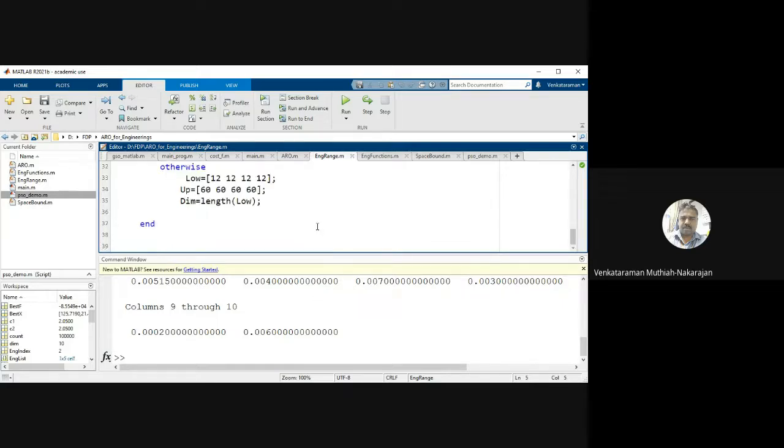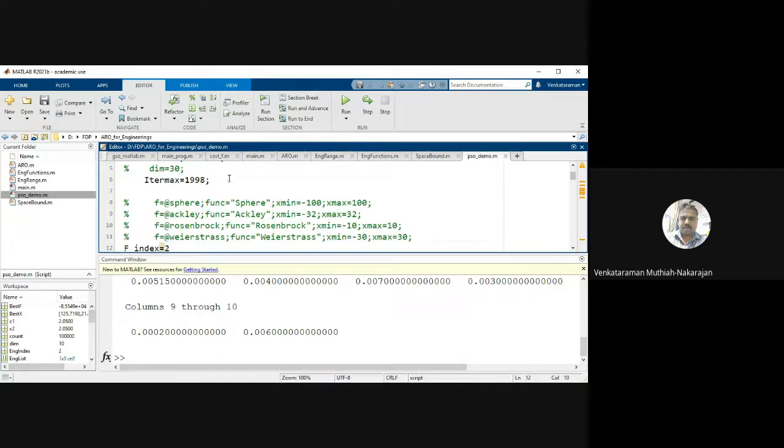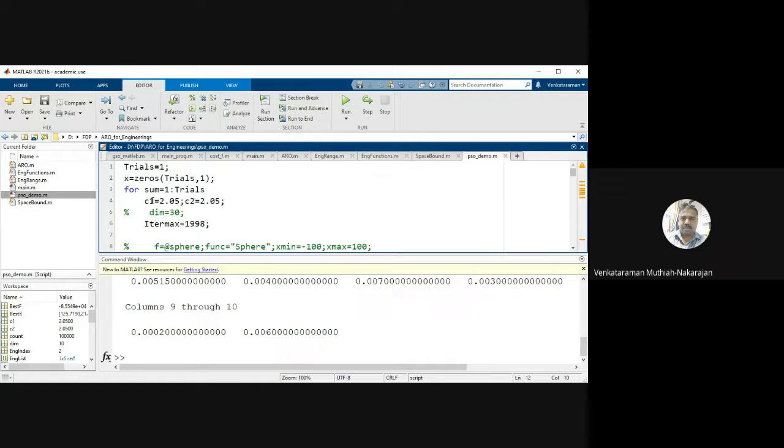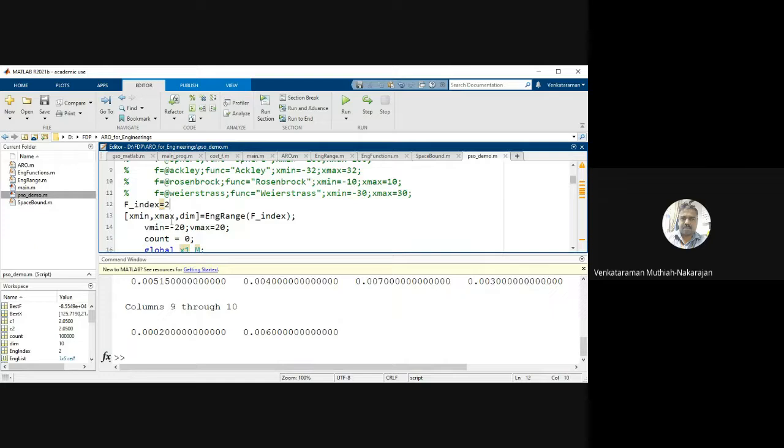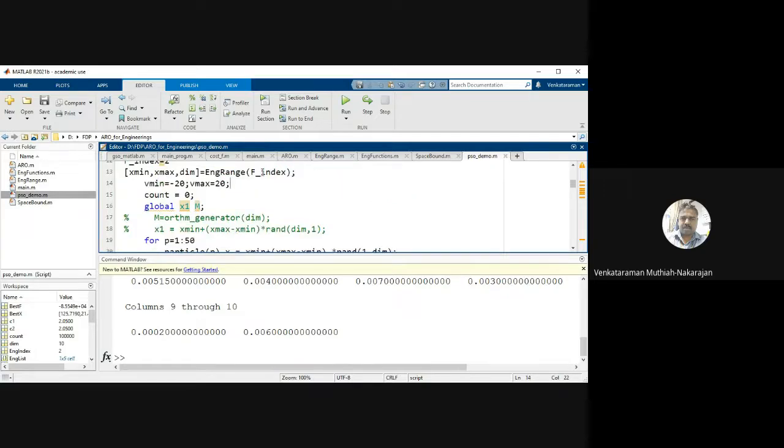So likewise, when you get your hands on any new problem or any new algorithm, you just have to modify a few things at the top of the code. You have to adjust the dimensions. In this case, the dimension is given by the engineering range f and x itself. But there is one thing different from the artificial rabbits algorithm compared to particle swarm optimization.